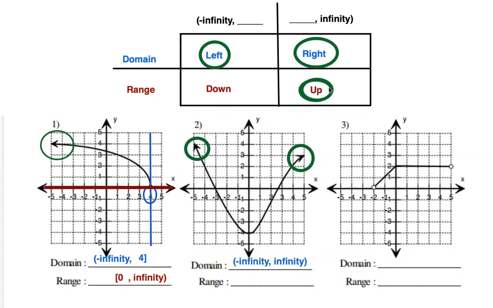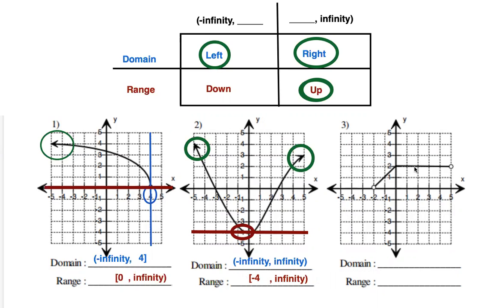My range only has up, so I'm only going to have a positive infinity there. I need to find the bottom of my graph though. The bottom of this graph is down here, and it passed through the number. I covered it up, but that was a negative 4. Again, no open circles, so I'm going to use a bracket there. So there's my domain and range.